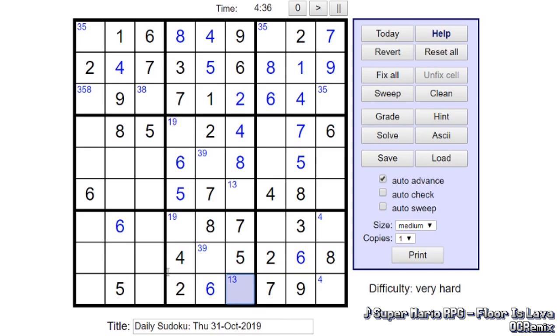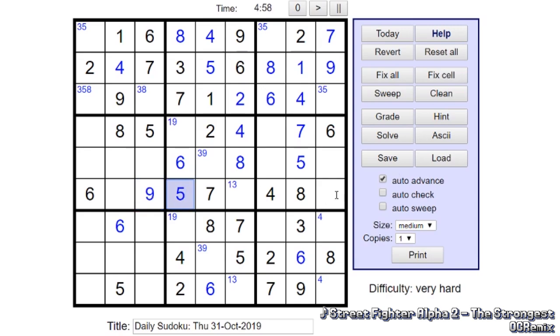I think I had a couple other ones figured out by this point. I believe it would have been this one. Let's see. That one's a 9 because of the row.